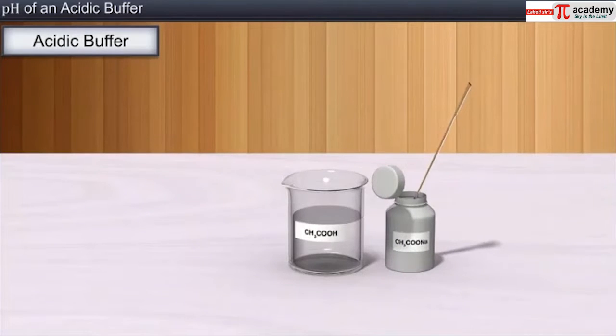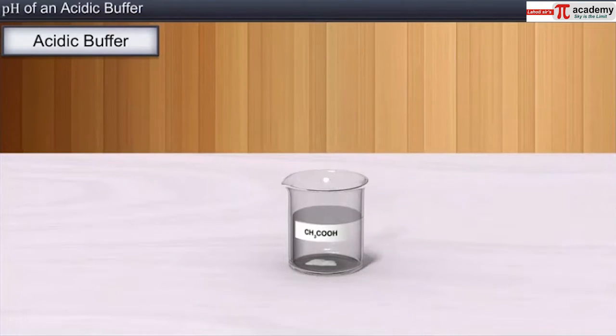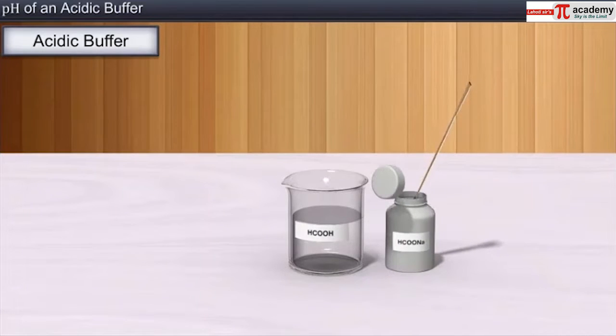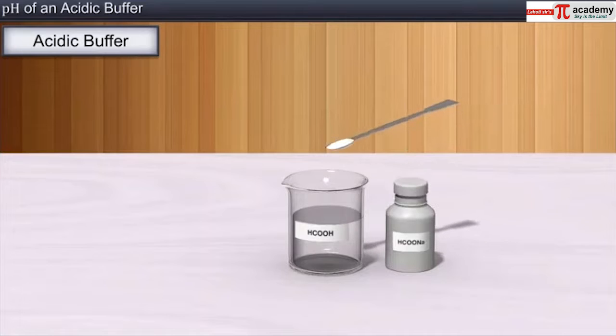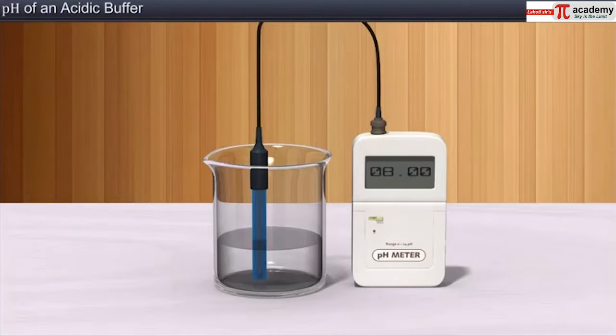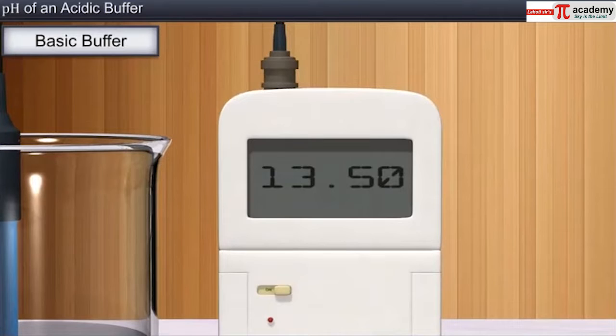A common example of an acidic buffer is a mixture of acetic acid and sodium acetate. Another example of an acidic buffer is a mixture of formic acid and sodium formate. A basic buffer is a buffer whose pH is greater than 7.